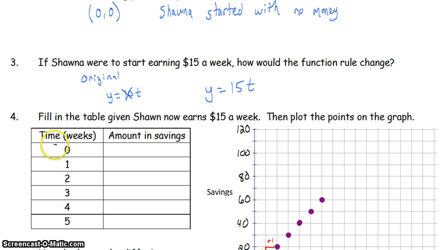So my new graph at 0 weeks would still be 0. She still hasn't earned anything. But after 1 week, she's earned 15. After 2 weeks, it's 30. After 3 weeks, it's 45. After 4 weeks, it's 60. And after 5 weeks, it's 75.